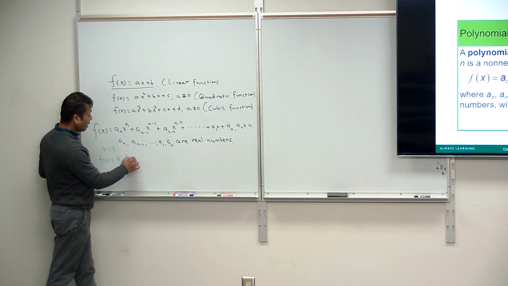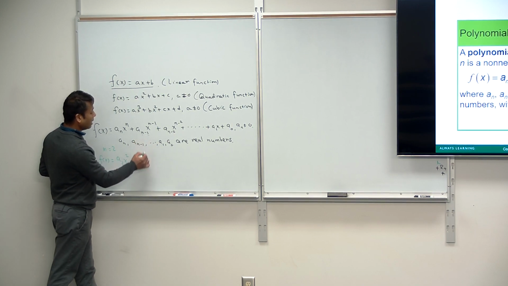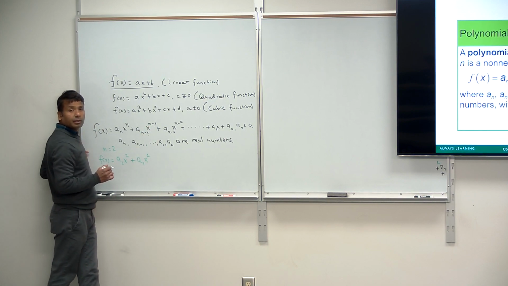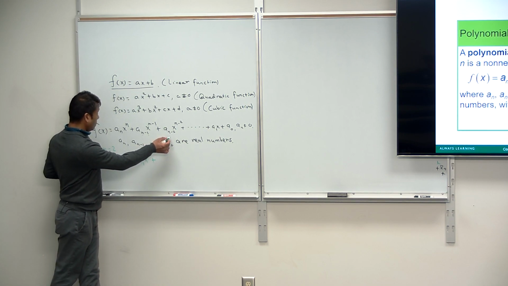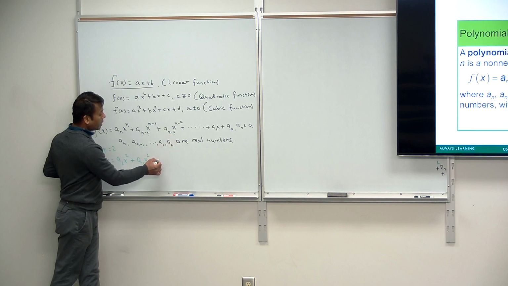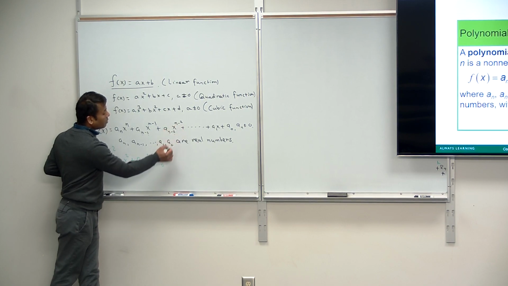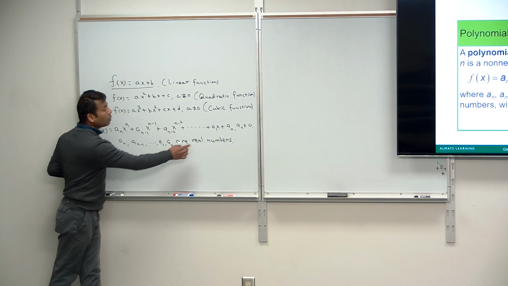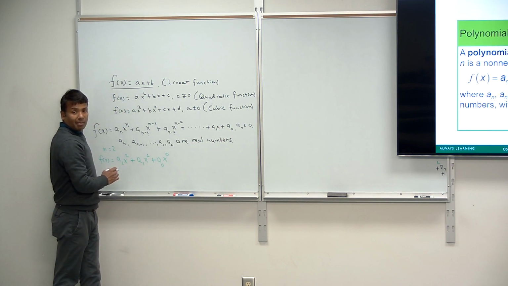And now, if I plug in n equal to 2, what is 2 minus 1? 1, so a1 x to the power 1. Plus, 2 minus 2 is 0, so a sub 0, and then x to the power 2 minus 2 is x to the power 0. So when you reach a0, you stop. That makes sense?